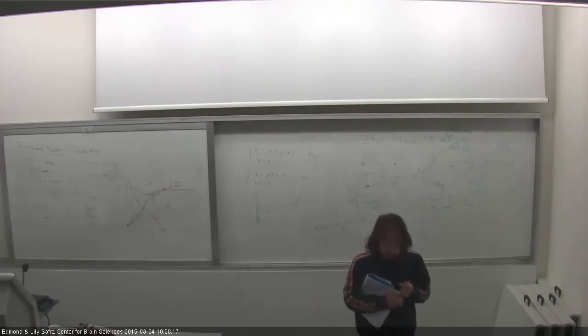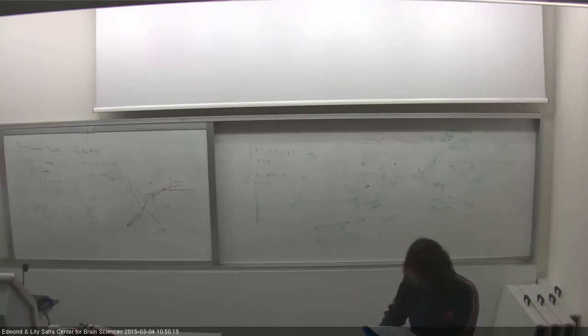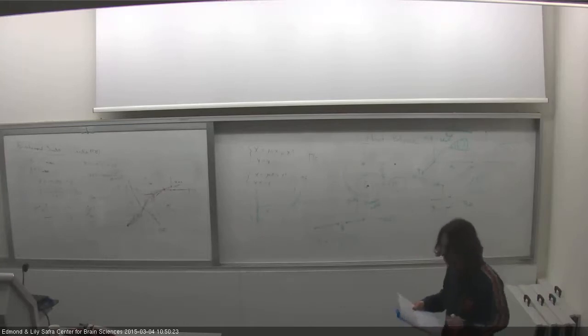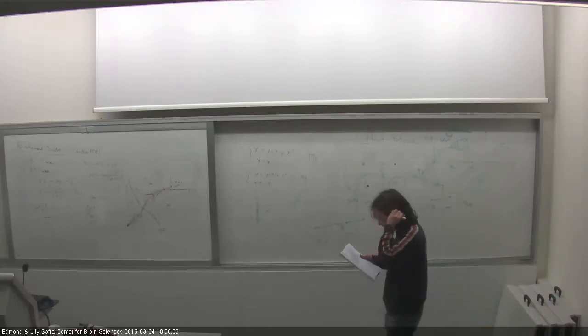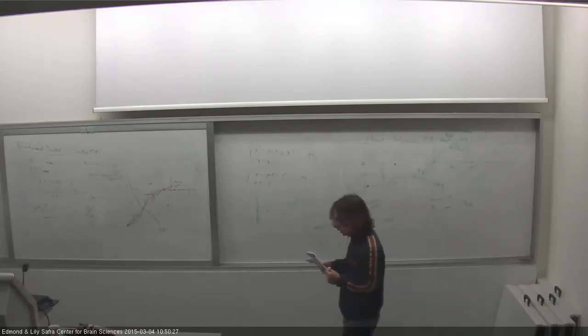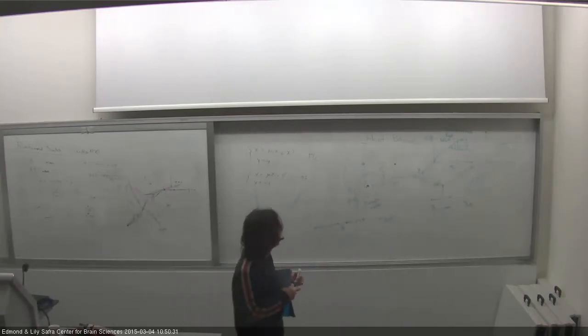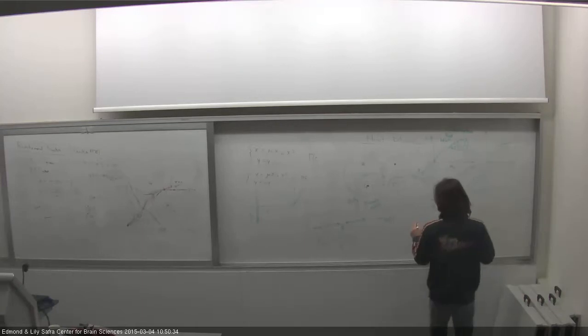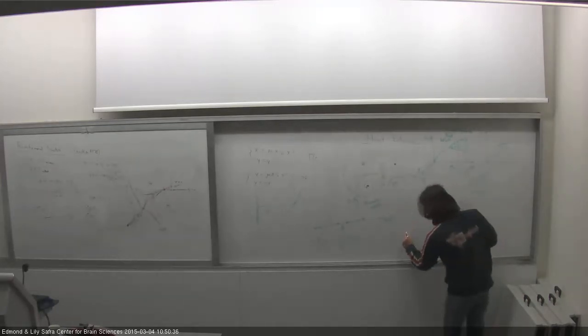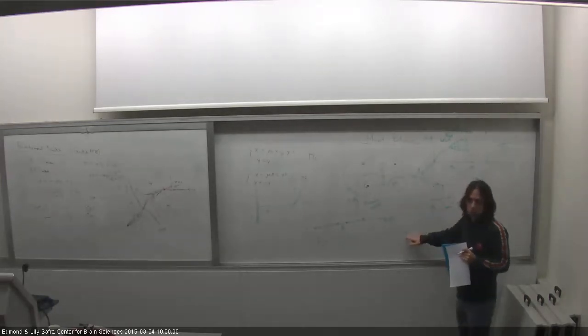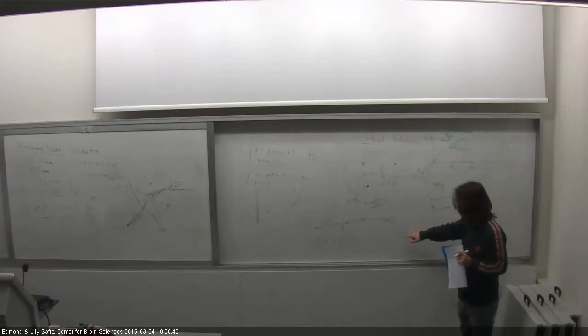So this brings me to the other point that I wanted to show. The case when this does not happen is when you have an unstable spiral. Maybe it can happen backwards as well.